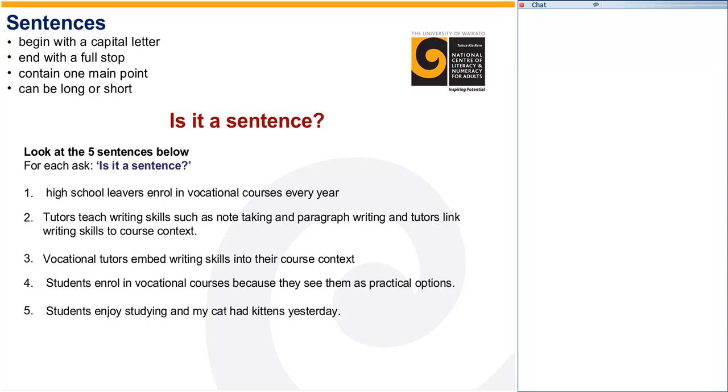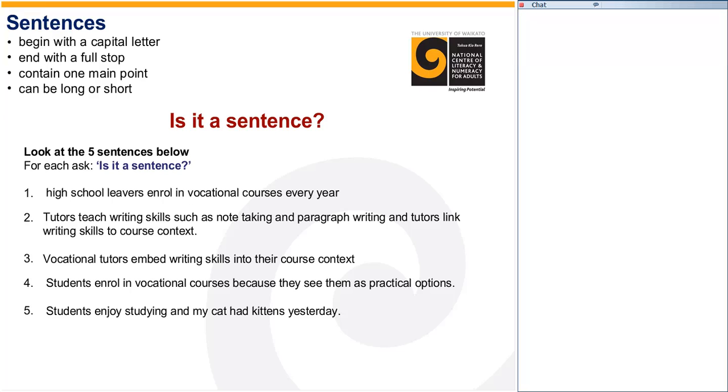For example, if the learner has written or is reading number 1, "High school leavers enroll in vocational courses every year," you can just say the same thing, like a key message: is it a sentence?